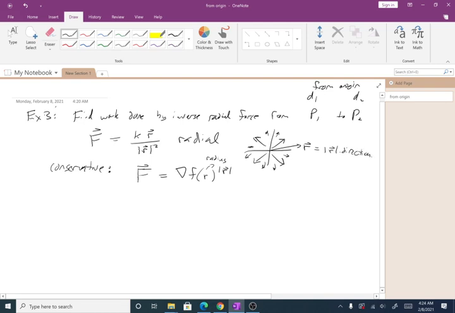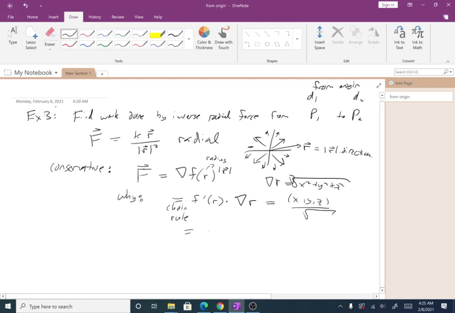Okay, so let me show you why. By the chain rule, this is f prime of r times the gradient of r. Therefore, because r is the square root of x squared plus y squared plus z squared, the gradient of this thing will just be x, y, z divided by that square root.